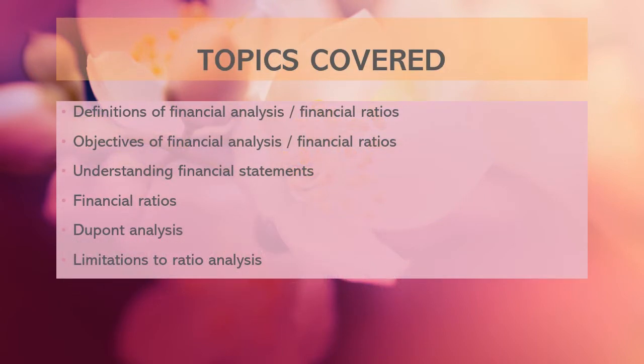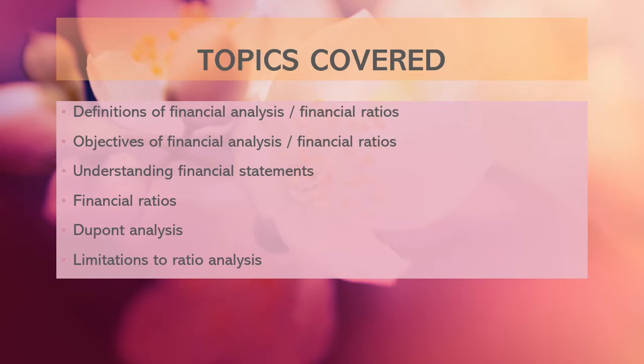So these are the topics that we're going to cover for this video lecture session. We start off with the definition of financial analysis, followed by objectives of financial analysis, and then we're going to discuss financial statements, followed by the financial ratios that you need to calculate for this topic.